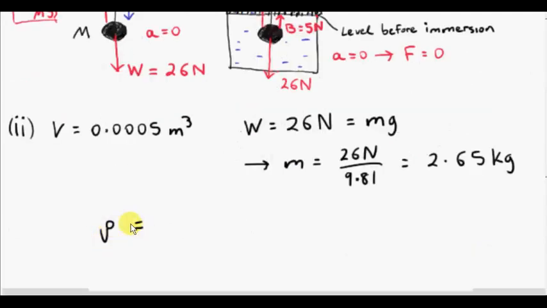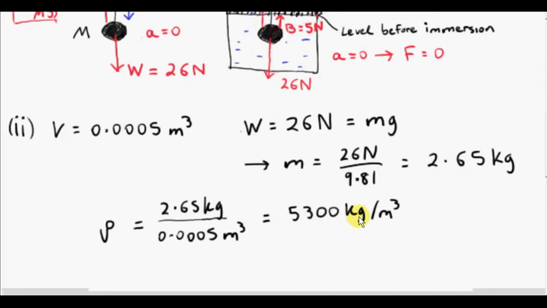The density of the metal, or the average density of the metal, if its density isn't uniform, is the mass of the metal, 2.65 kilograms, divided by the volume of the metal, 0.0005 meters cubed.